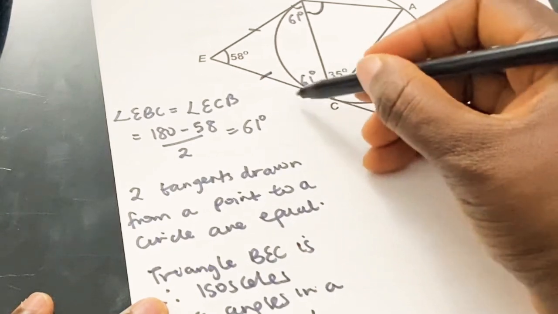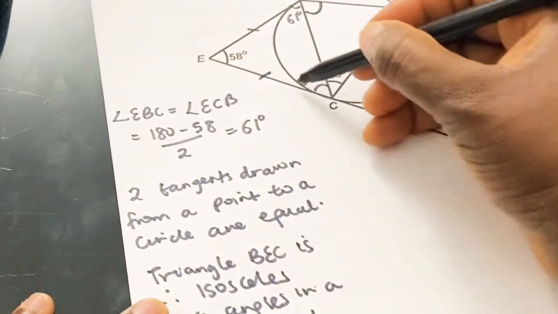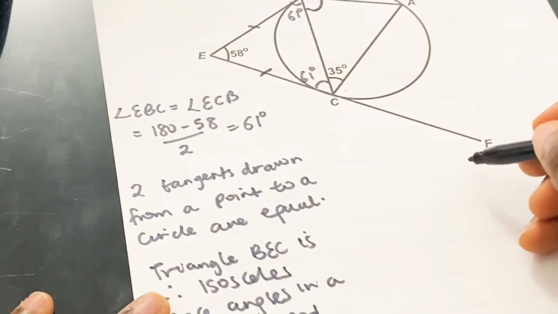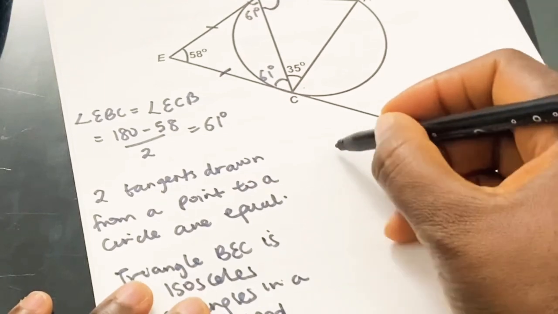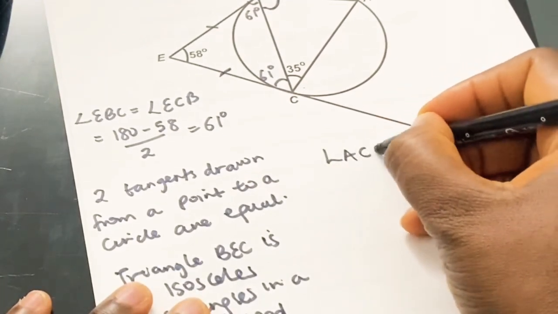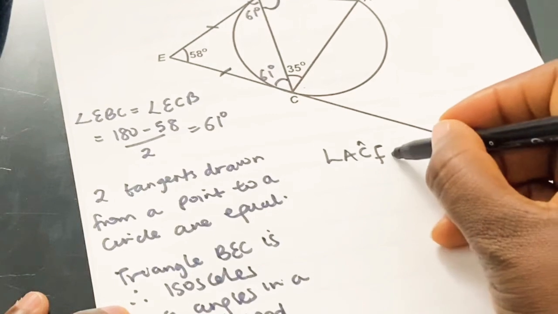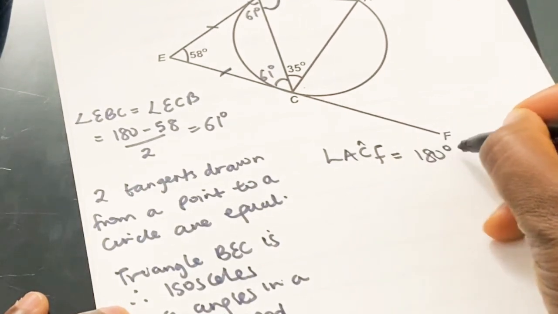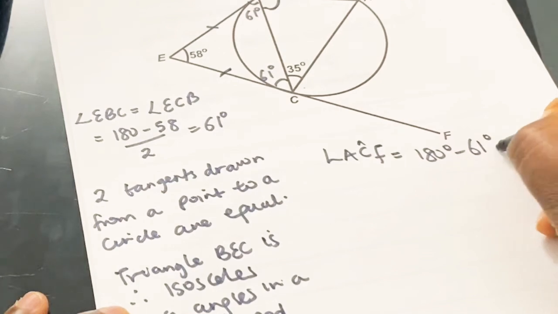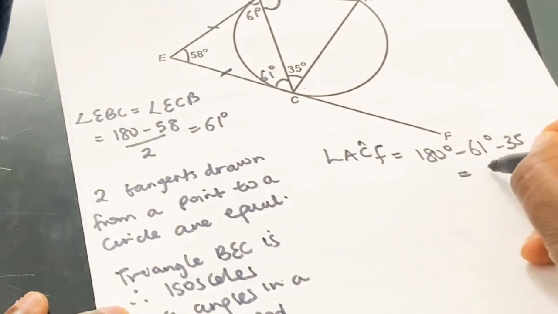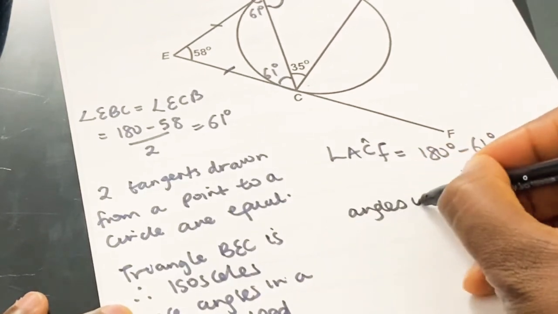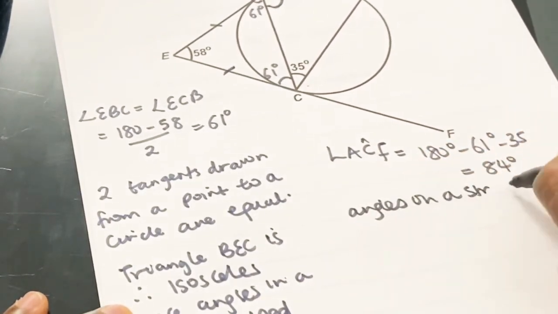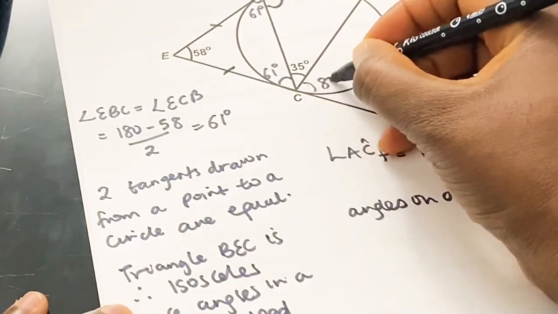These two are both on that straight line, so angle ACF would be equal to 180 degrees minus 61 minus 35, which is equal to 84 degrees, angles on a straight line. So this would be 84 degrees right here.